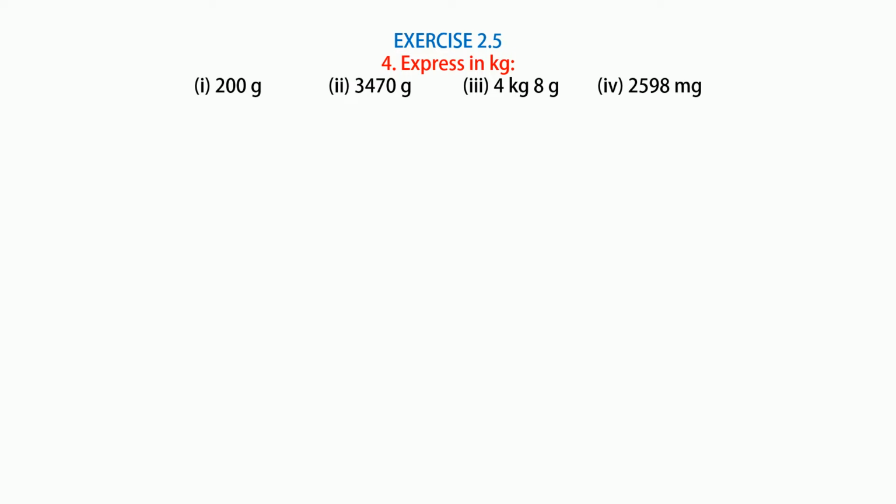Here look, expressing in kg. In the last class we saw what kg actually means. Kg is kilo, and kilo means 1000. So here it is in gram. When we convert gram to kilo, you have to divide it by 1000.